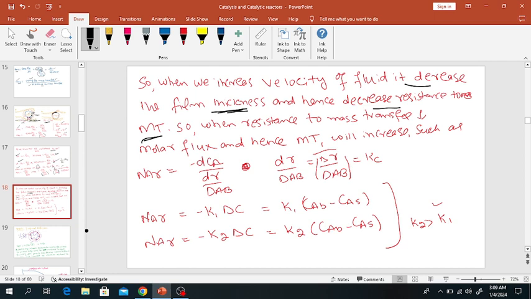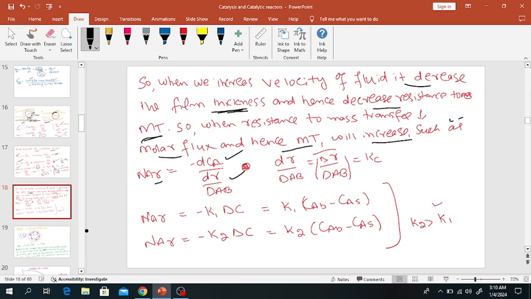So when resistance to mass transfer decreases, the molar flux will increase, and when the molar flux increases, the mass transfer rate will also increase. So here you can see this is the change in concentration.